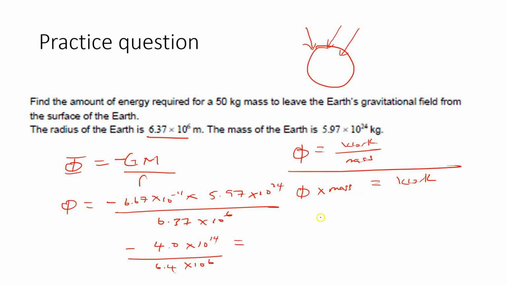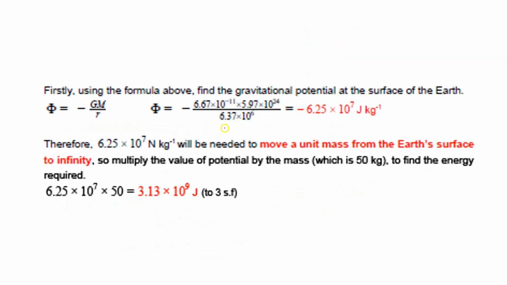We're going to forget about the minus sign. My gravitational potential is negative 6.25 times 10 to the 7 joules per kilogram. As a matter of fact, it's not joules, not kilograms, I should say. It's newtons per kilogram.